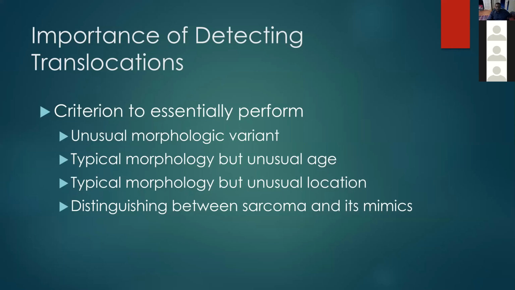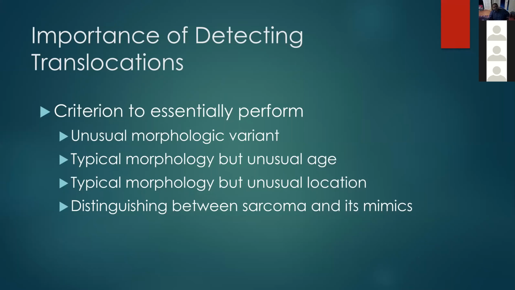One of the most important things is if you see an unusual morphologic variant. First of all, you see a neuroblastoma that doesn't look like a neuroblastoma. You see a lymphoma that doesn't look like a routine lymphoma. Or it has classic morphology, but an unusual age, a 42-year-old with a tumor that should be in a child. Or a child with a tumor that should be in an 80-year-old.